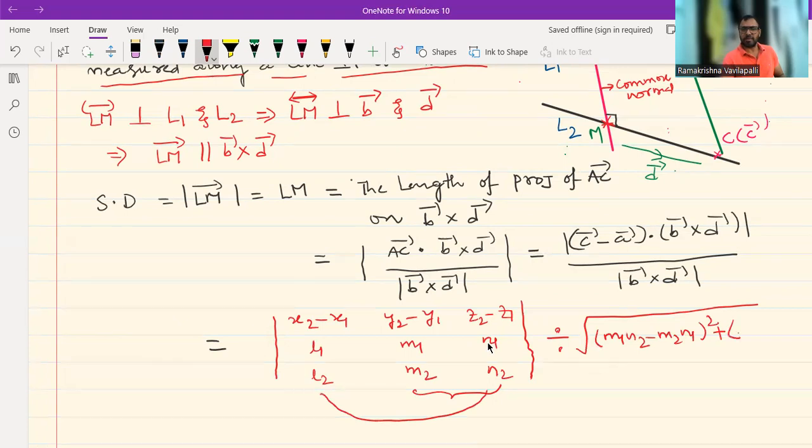So L1 N2 minus L2 N1 whole square plus cofactor of z2 minus z1, that is L1 M2 minus L2 M1 whole square. So this is very simplest formula. In one line you can find shortest distance between two lines in symmetric form.